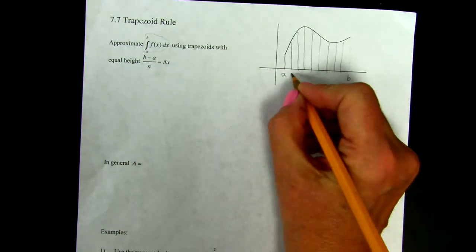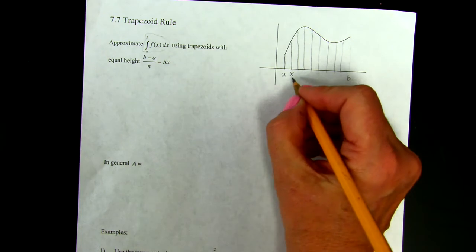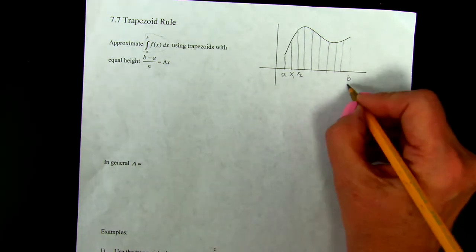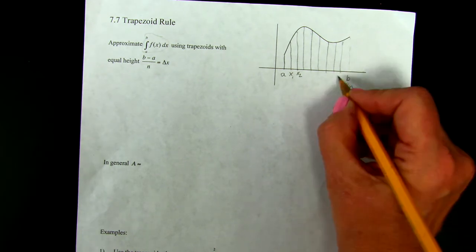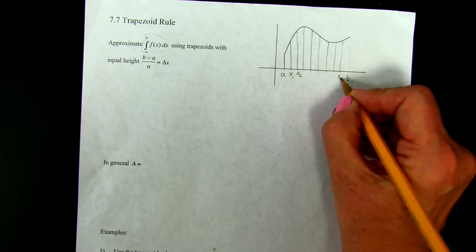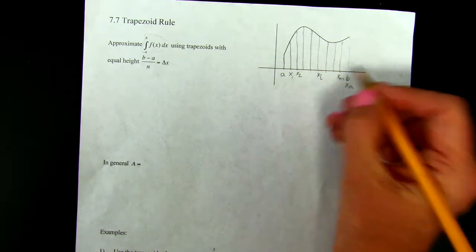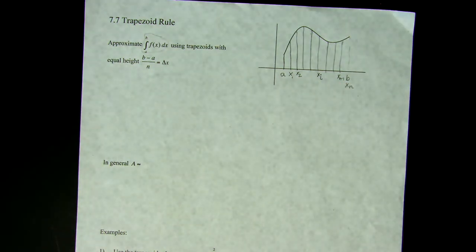This is going to be x sub 1 here. We'll label this x sub 2. B is x sub n. Of course, right before it, x sub n minus 1. And somewhere in the middle, x sub i.